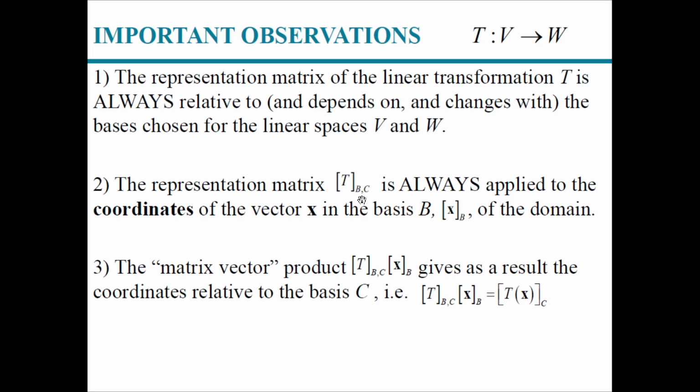When we see this, that's what it means. T of B, C means that I multiply this representation matrix by the coordinates of the input in basis B, and what I get is the coordinates in basis C of the output. That's it. So be careful. Read it carefully.